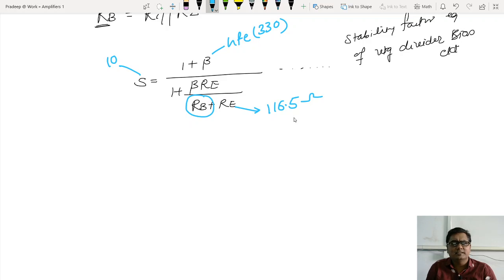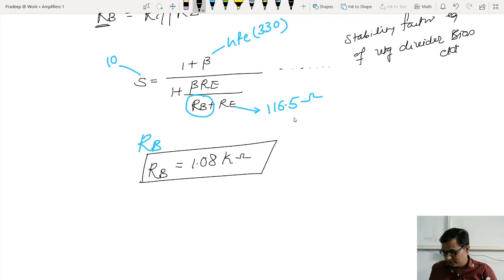Almost everything is given in the equation. Only one value we need to calculate, the value of RB. Use your calculator and put all those values. Stability factor is equal to 10, beta is equal to HFE, that is 330, RE is 116. Then RB is 1.08 kilo ohm.